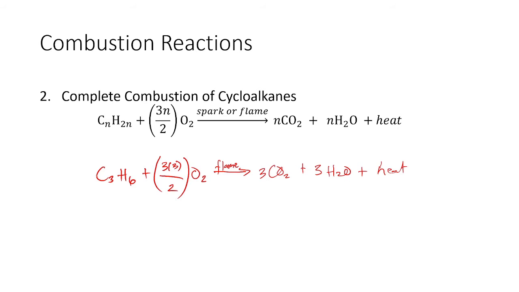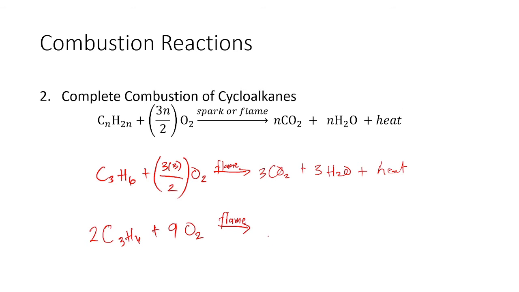Again, we can further simplify this. This will be 9 over 2, so we multiply by 2 again. So we have 2C3H6 plus 9 oxygen, and we have here our condition, which is flame.